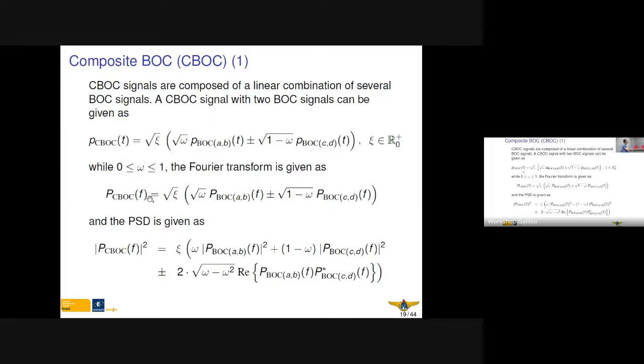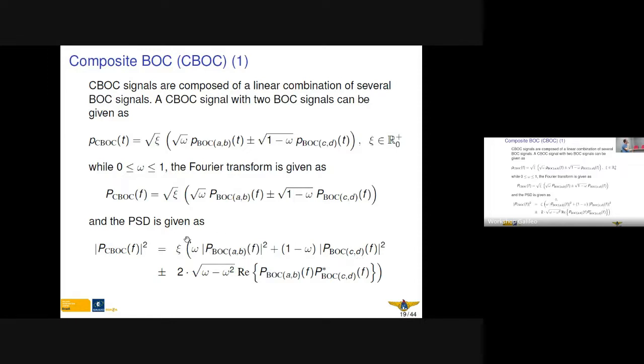We can see here the Fourier transform of the signal. So we have here, and we can also linearly combine with a plus or a minus these BOC signals. And we can see here the Fourier transform of this chip pulse shape and then the power spectral density of the chip pulse shape. Now here you see why we defined everything here with square roots, because then we can see the weighting in the power spectral density of the different BOC shapes.